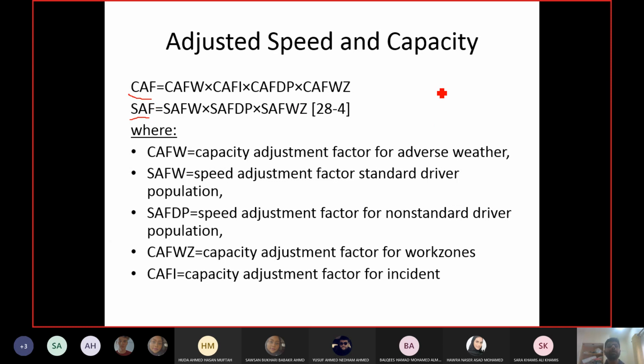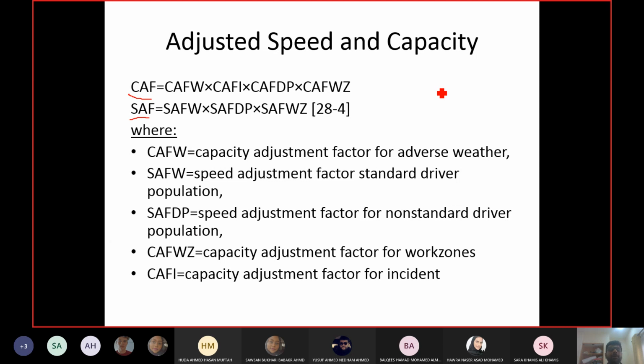Simply, whatever adjustment factors you have calculated, you multiply them. To get the combined factor, individual factors must be multiplied. So for the combined factor of capacity, multiply all the individual adjustment factors of capacity. If you have calculated 2 adjustment factors for capacity, multiply those 2.